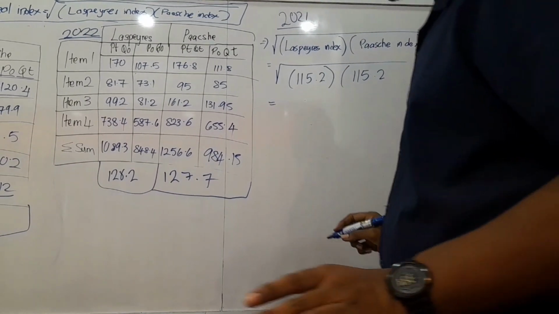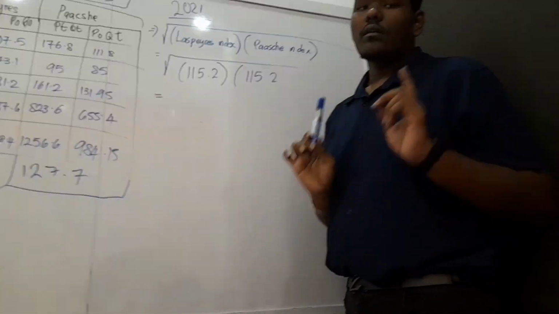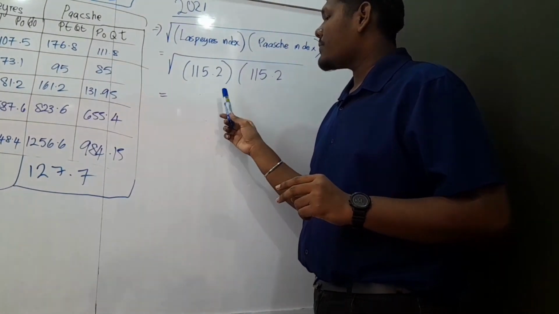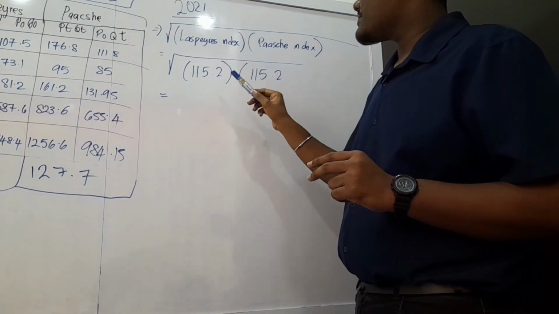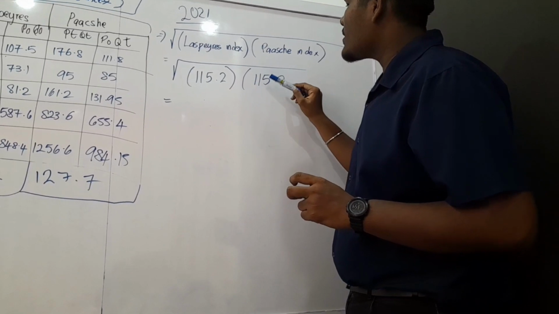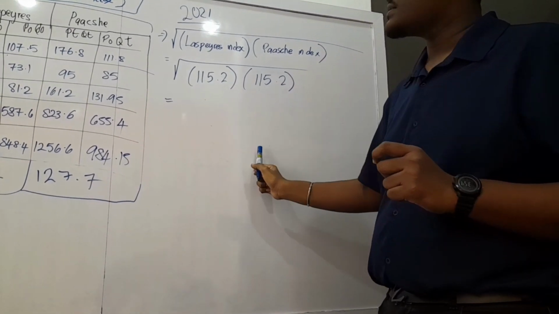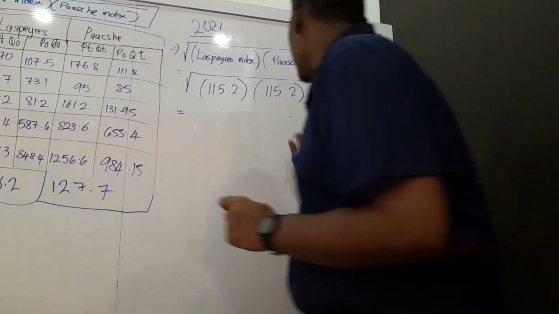For these, I want to tell you that you have to do it one by one, which means open bracket 115.2 close bracket and open bracket 115.2 close bracket. Do these two first, then only we add the root to this answer. I'll show you how.